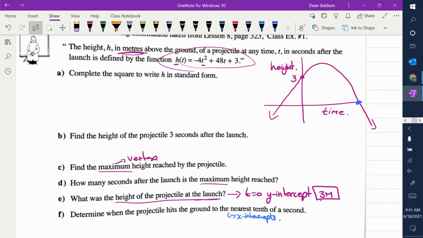Okay, so we want to find the max, so we got to find the vertex. So we have to complete the square, i.e. put it into standard form. So what do I do first to this equation? Take out a negative 4, right? T squared minus 12t plus 3.